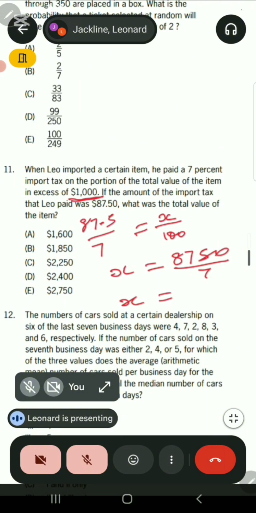This is the first one. 1250, okay? So 1250 plus 1000 is 2250. So that is to be a power of the proportions.